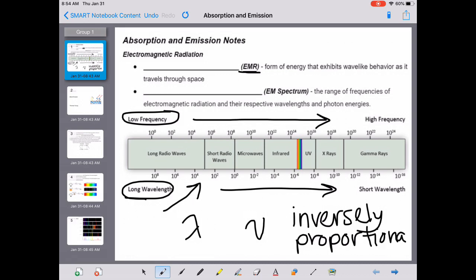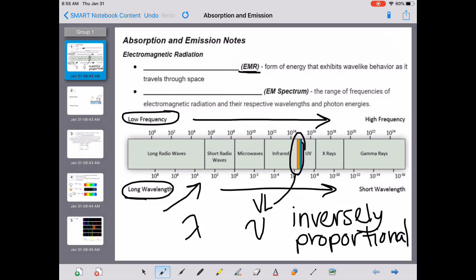Which is important to keep in mind when we are thinking about how much energy a certain form of electromagnetic radiation might have. And we can't see most of these forms of electromagnetic radiation. The portion of the spectrum that we can see is the visible light portion, which is this small portion right here.